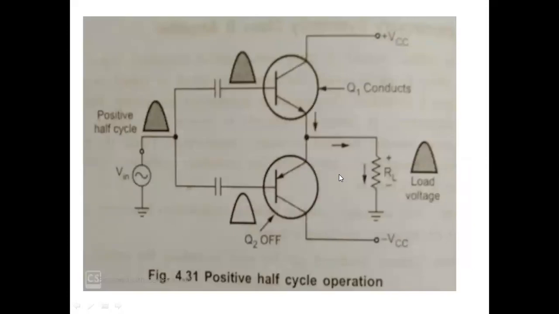Okay. So this is the positive half cycle operation. If you are applying some positive half cycle, then it will be passed to Q1, Q1 is on, and the same signal appears at the load resistance, a positive signal at the output. There is no signal due to Q2 because during the positive half cycle it is in off condition.